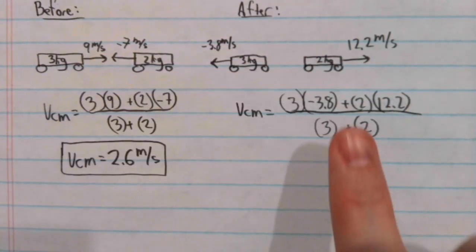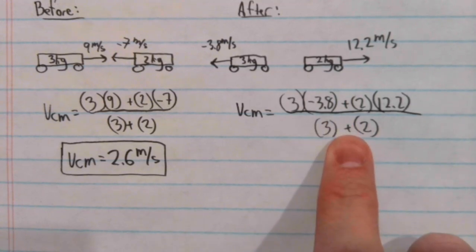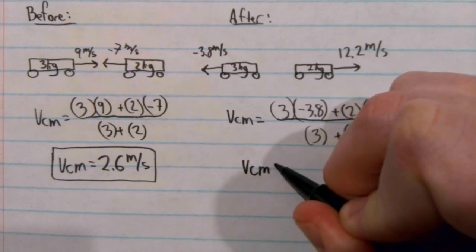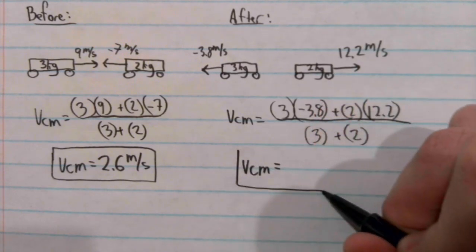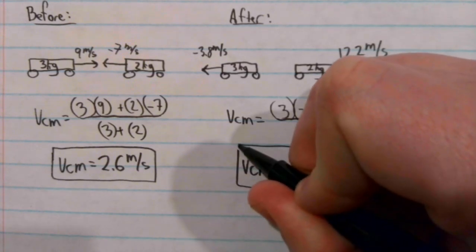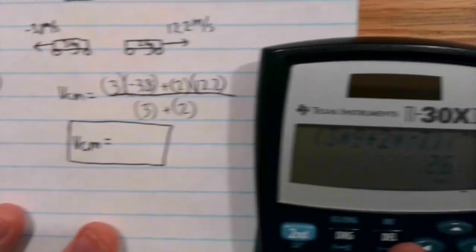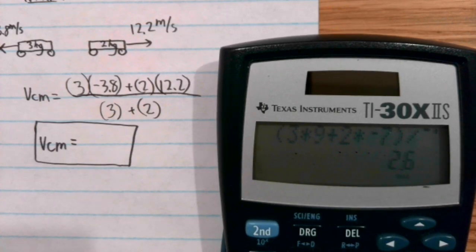If we get 2.6 for the other one, physics works. If we don't get 2.6 for this one, there's a problem with our universe. We should probably move to a new one. So here's our other one.